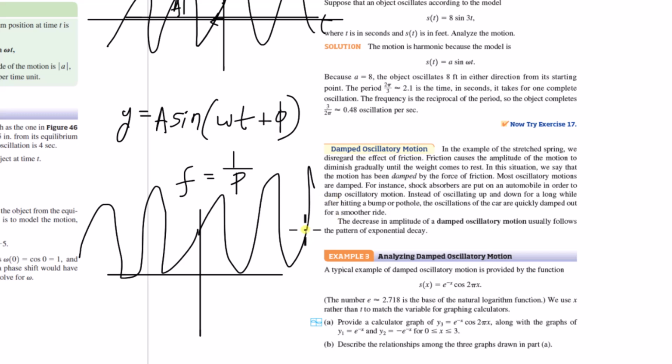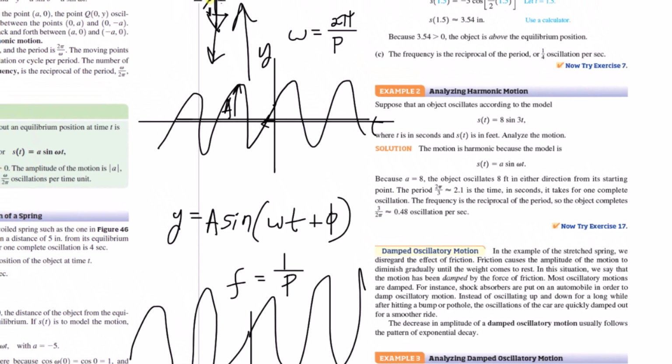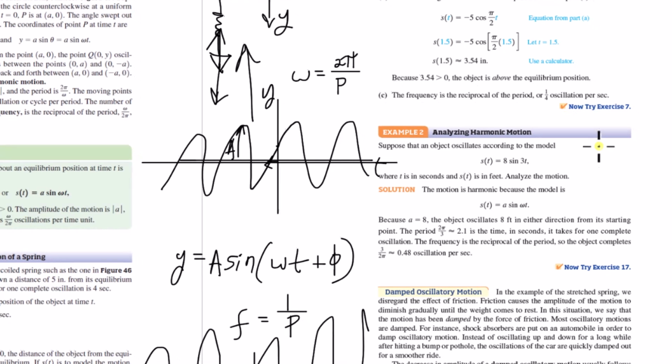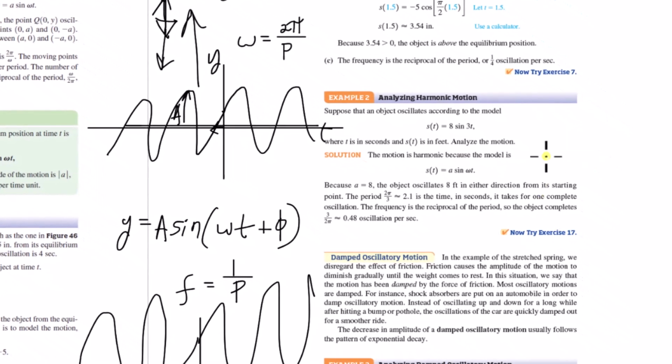But if you look here, they go from simple harmonic motion to damped oscillatory motion, and I think they still call this harmonic, just not simple. The idea is that this is more realistic in the sense that we know a spring damps out, right? So we would expect a spring to actually do that.